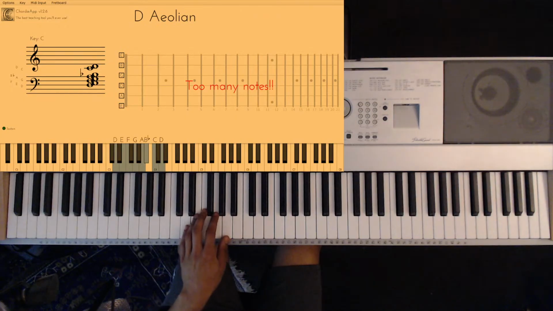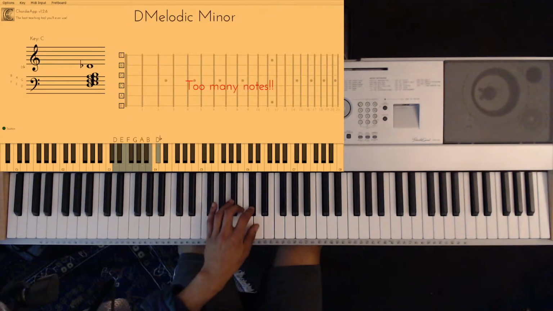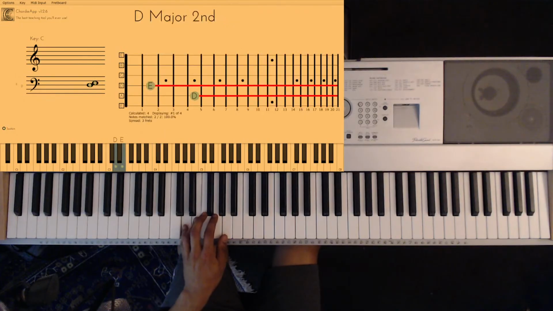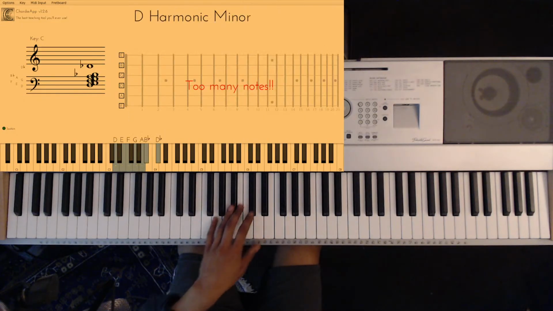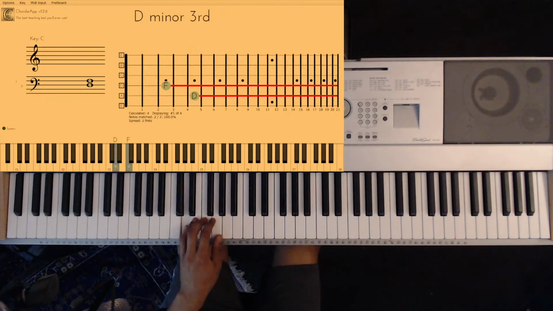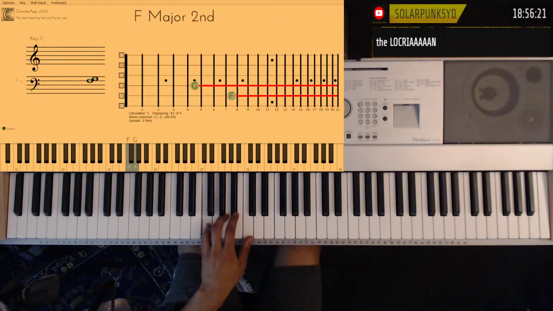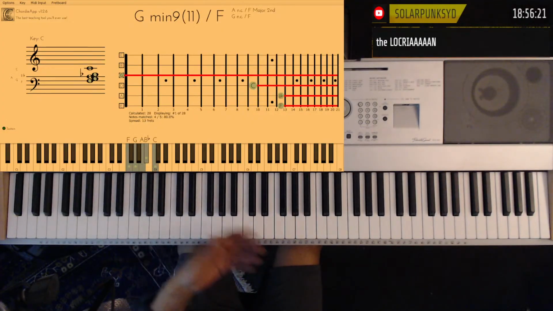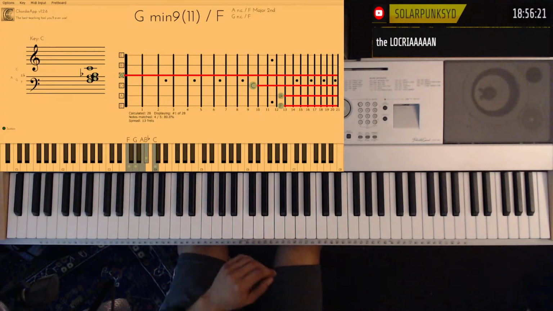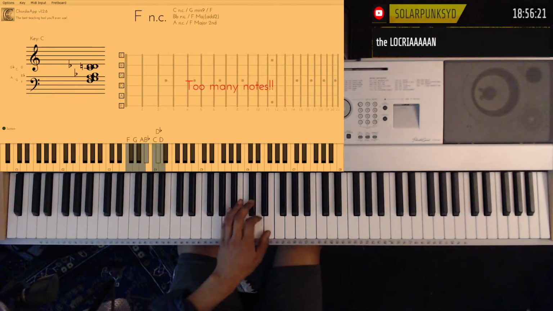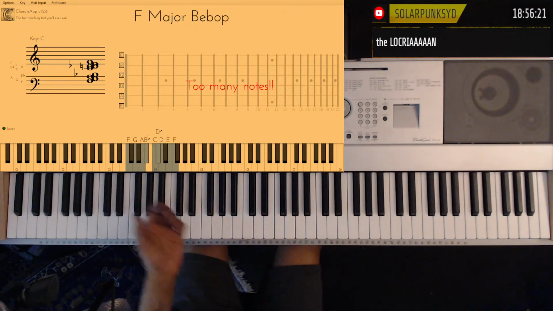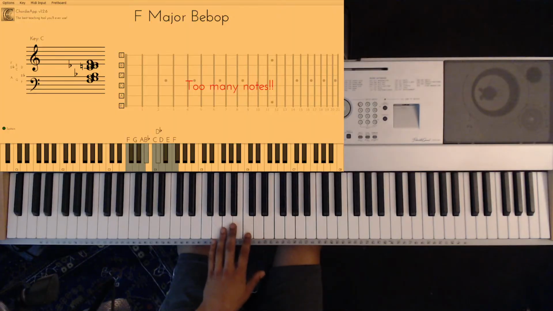The natural minor, the harmonic minor, the melodic minor, and the blues scale. It's a little bit redundant, but major bebop, or like I always want to stress, please do look up Barry Harris and the Diminished Sixth.